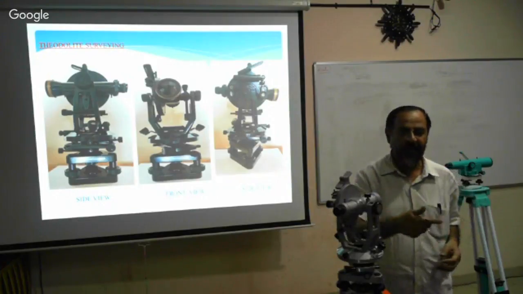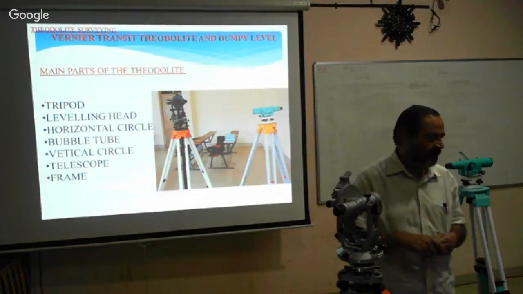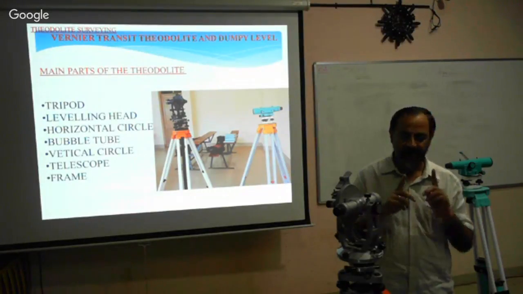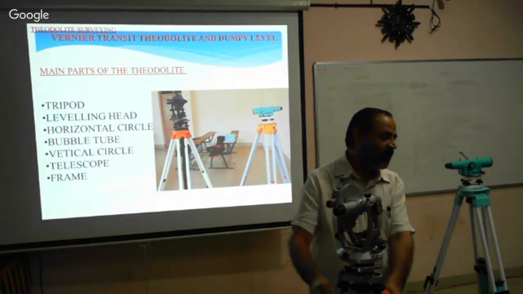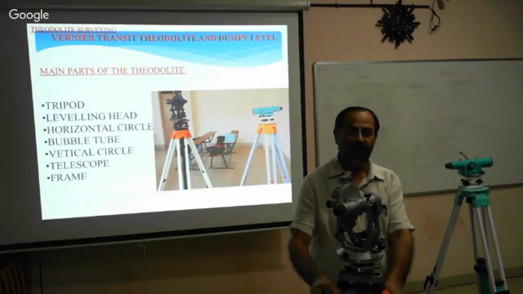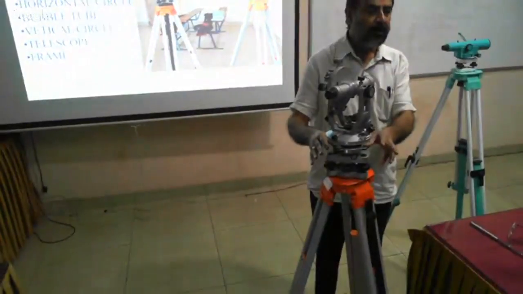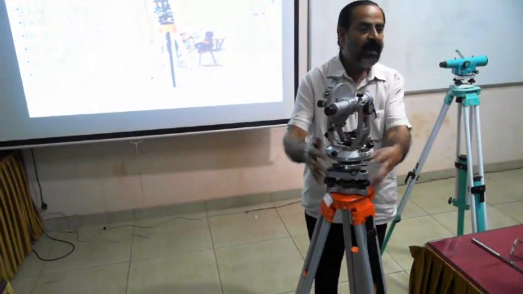Now first, let us understand the construction parts of this instrument. The first one is, now see, this is the tripod. Everybody knows why it is used and how it is fixed. The tripod is only to support or seat the theodolite.